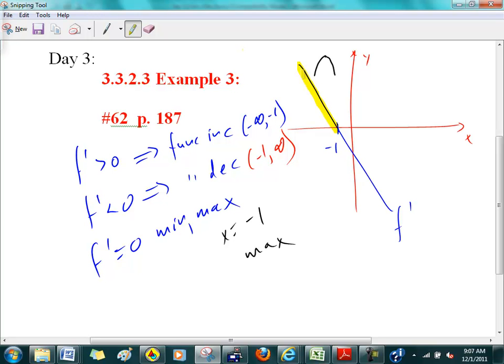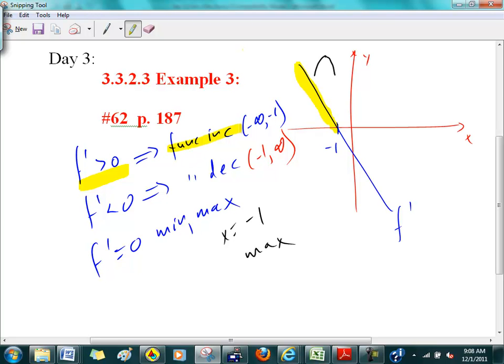When you say a function is positive, you're looking at the y value of it. So we are looking at the y value on this part here. What's the y value on this part? Positive. And therefore the function's increasing.